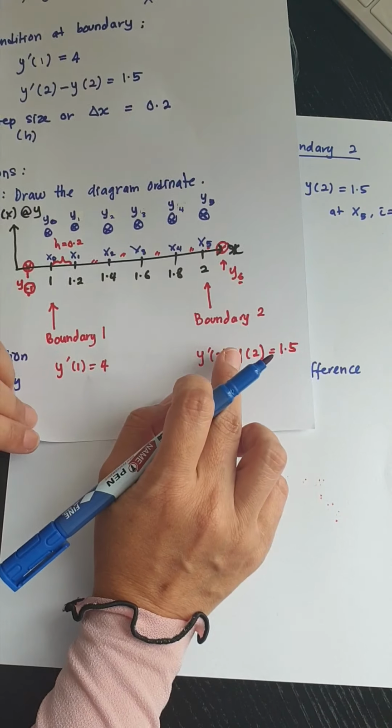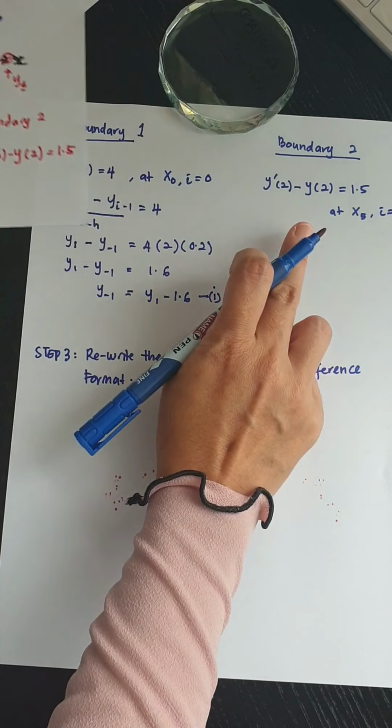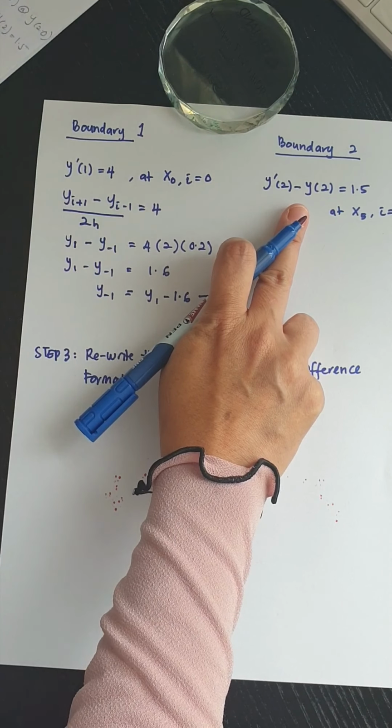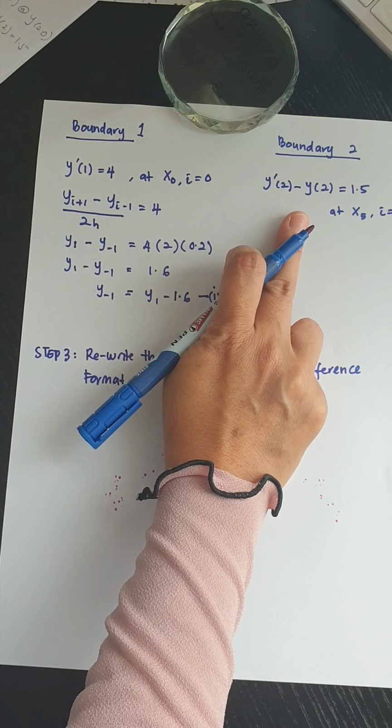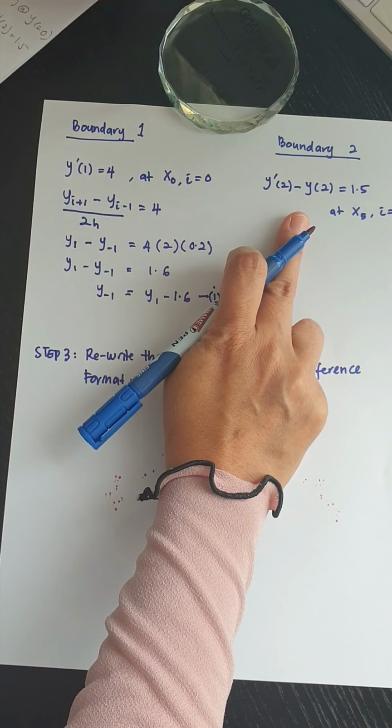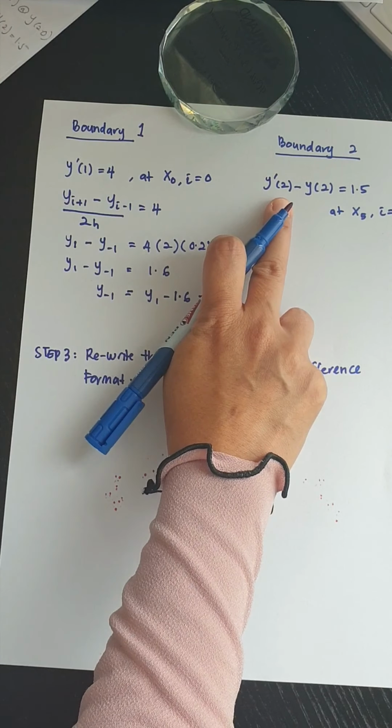Now we go to the second boundary over here. I'm using the boundary condition given by the question, and I also have to substitute the first derivative formula into this equation.